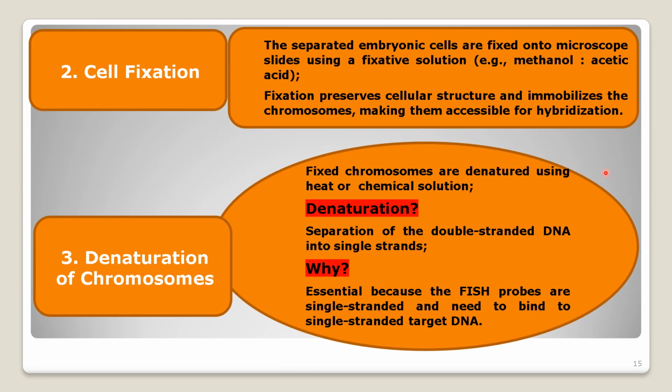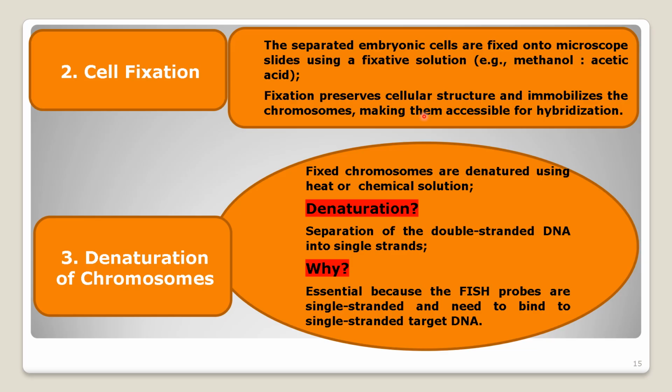Then comes cell fixation, during which the separated embryonic cells are fixed onto microscope slides using a fixation solution such as methanol to acetic acid. This fixation preserves the cell structure and immobilizes the chromosomes, thereby making them accessible for hybridization.